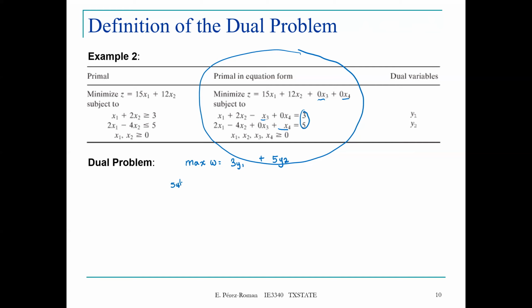And then this is going to be subject to, again, we look at the coefficients for each one of the decision variables of the primal. And then we're going to use those coefficients to define our constraints. So here we have this, and here.